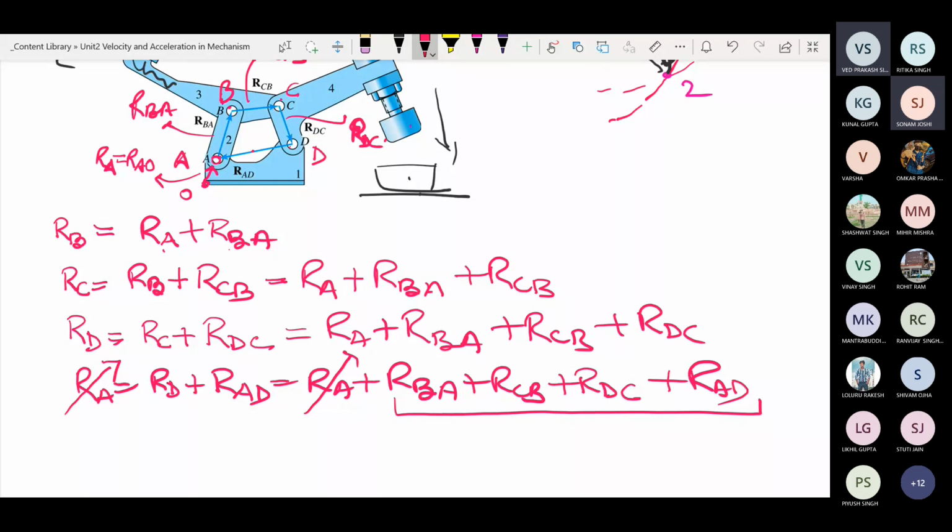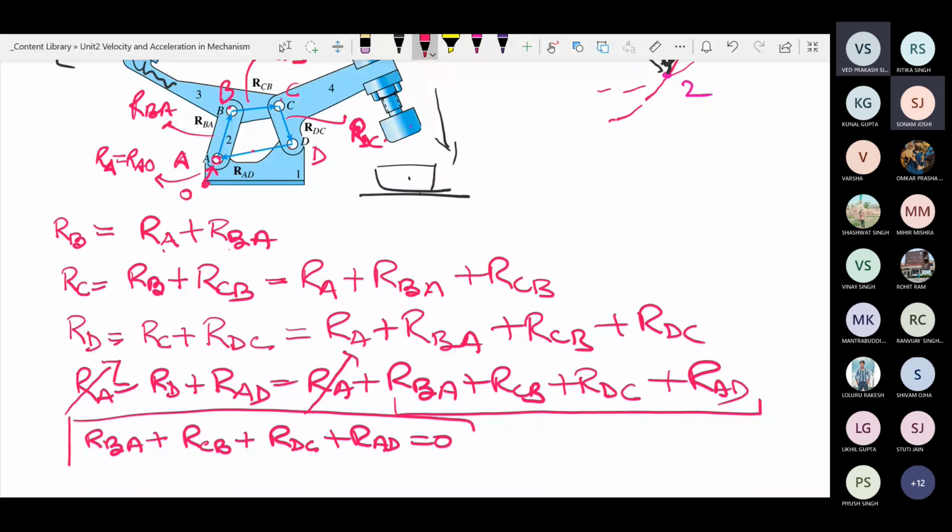So now I will write RBA plus RCB plus RDC plus RAD equal to 0. This is our loop closure equation. Simply, you see the position vectors we have used in the loop.